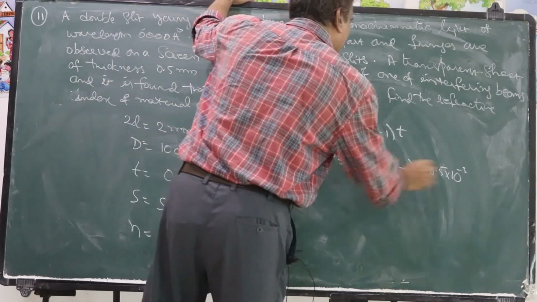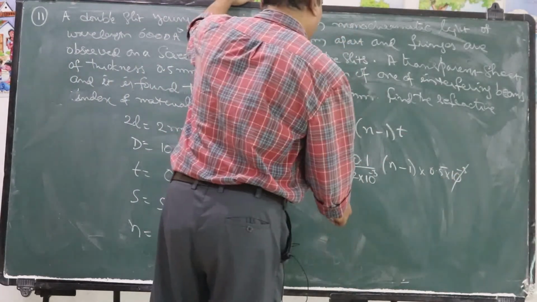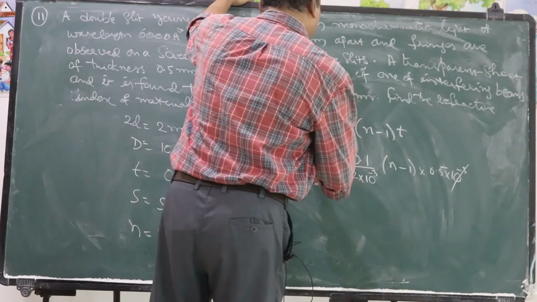Now this 10 power minus 3 will get cancelled, and 0.1 into 5.